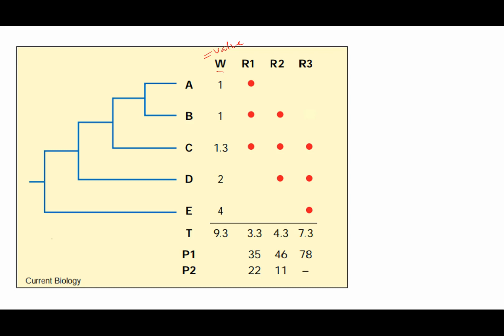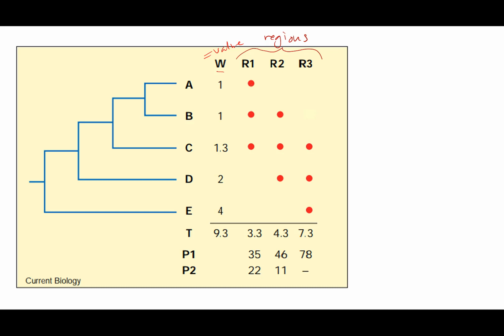And R1, R2, and R3 are regions. So these three values, or three columns, are regions. And let's say that before we do this, we go into this study trying to determine which of three different distinct ecological areas are the most phylogenetically diverse and perhaps the most worthy of conservation efforts.